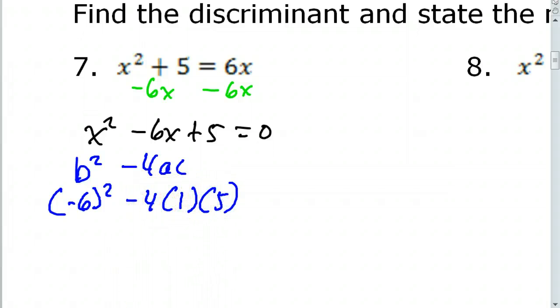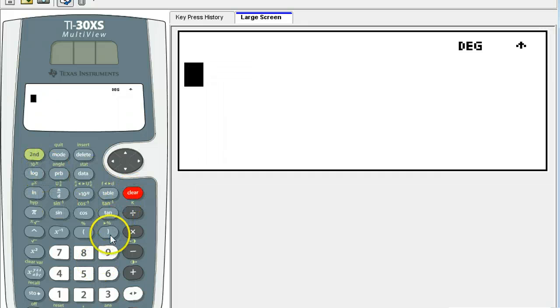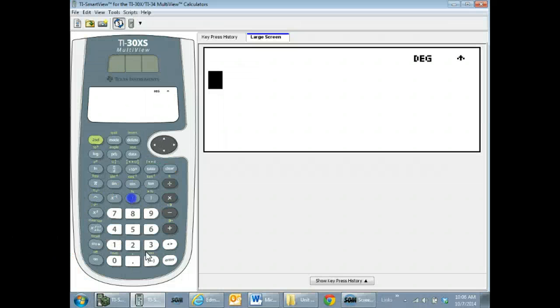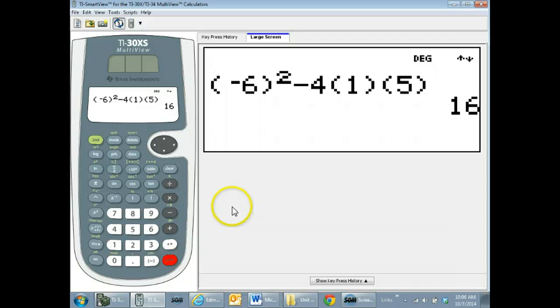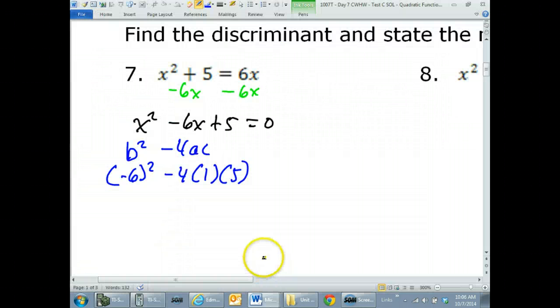Alright, it was negative 6 squared minus 4 times 1 times 5, correct? So 16. Discriminant is 16. Alright, so fine, that's the discriminant. What does that tell you about the number and type of solutions? That means we're going to have 2 real solutions.